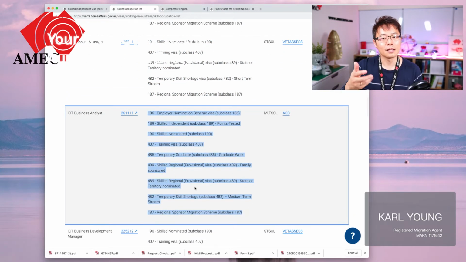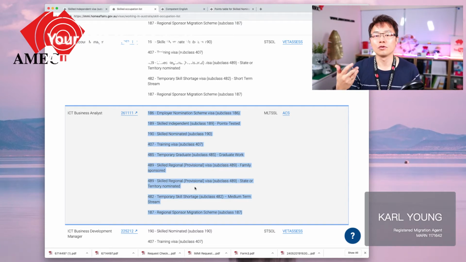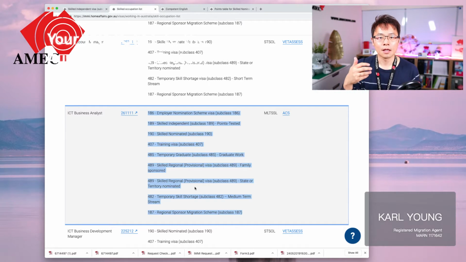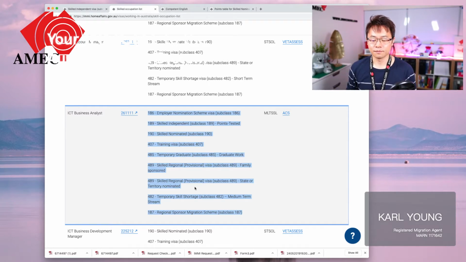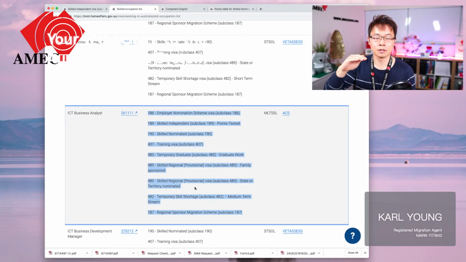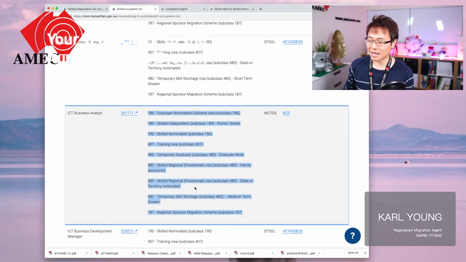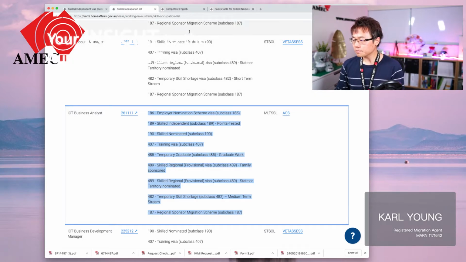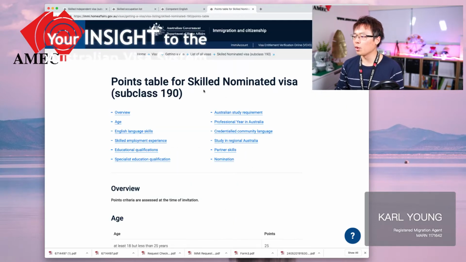But again, that doesn't mean it will still be there by the time you graduate. Bear in mind, the Australian government has a floating index where they change the occupation list as required by the nation.